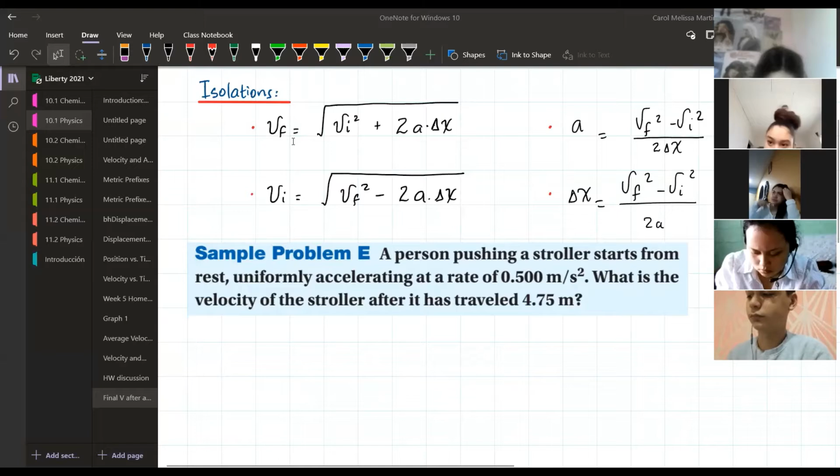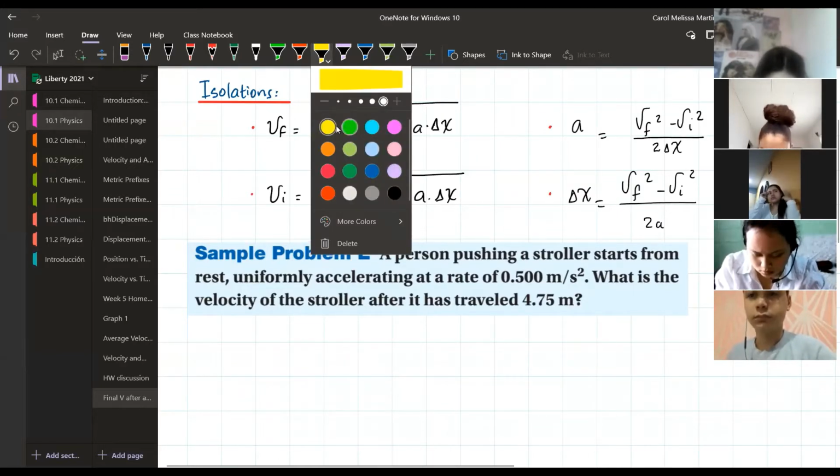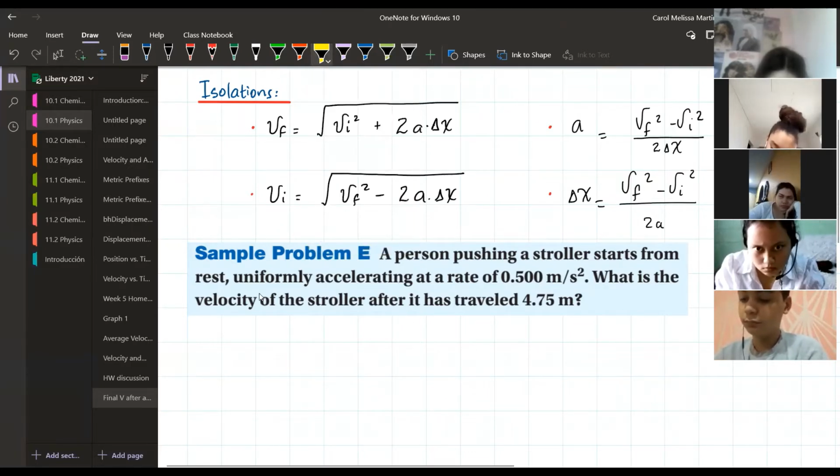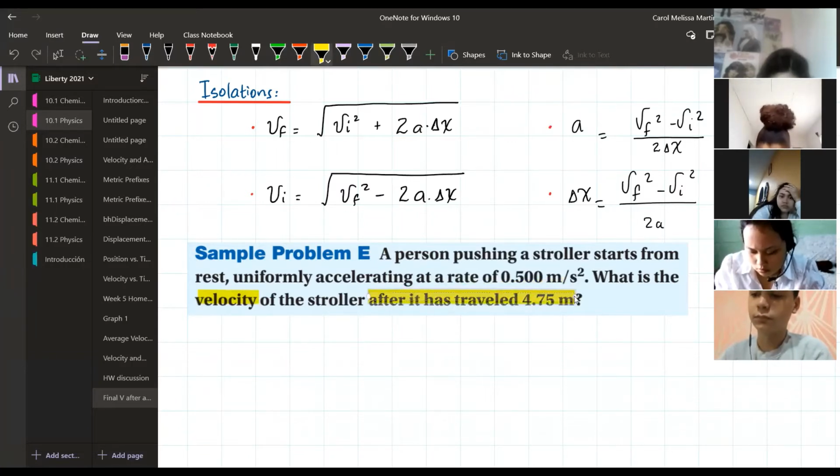So in this exercise, the first thing I notice is the requested question: what is the velocity? So they're asking me about velocity, but not any type of velocity. It says velocity under the condition that the stroller has covered a distance already, okay?